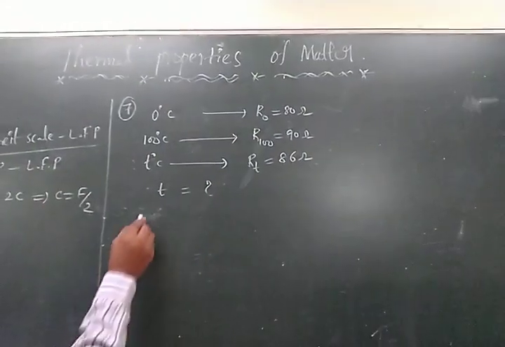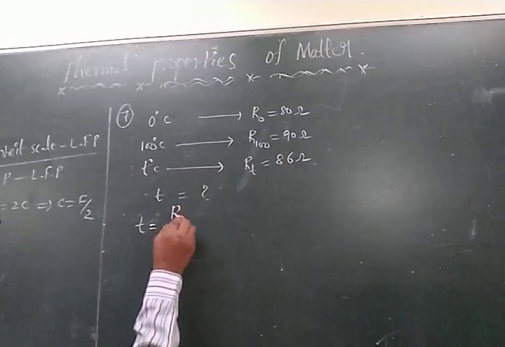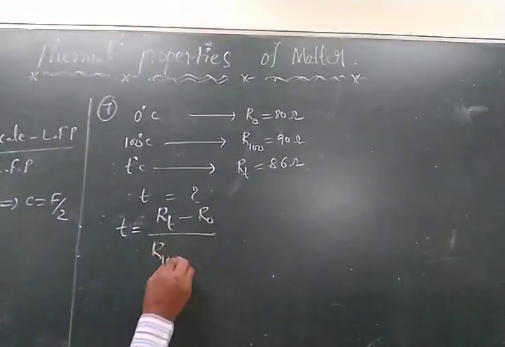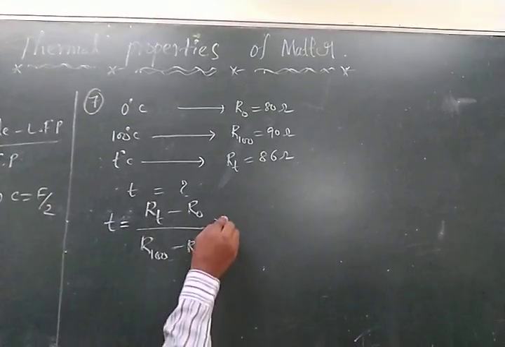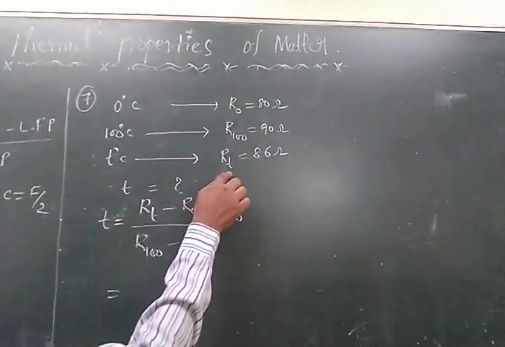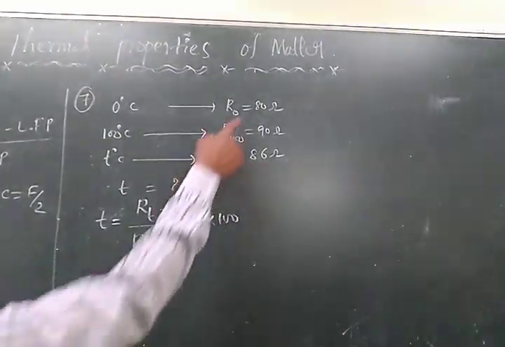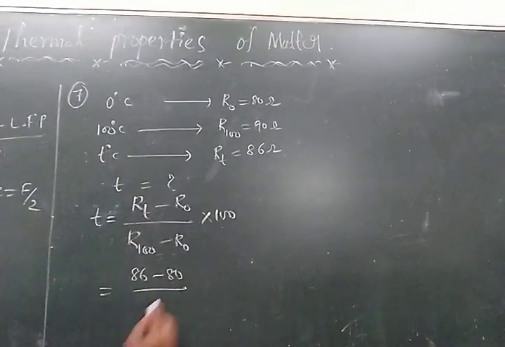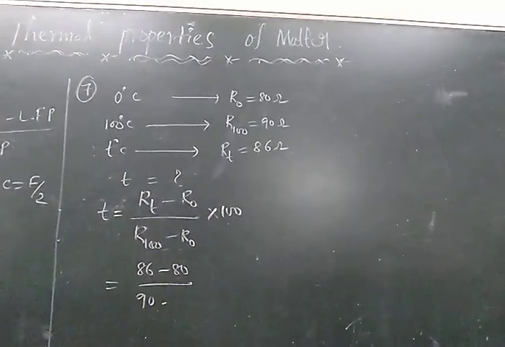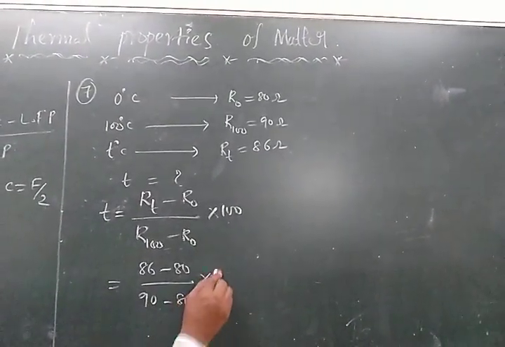We know the formula: the temperature T = (RT − R0)/(R100 − R0) × 100. Here RT is 86, R0 is 80, and R100 is 90, so T = (86 − 80)/(90 − 80) × 100.